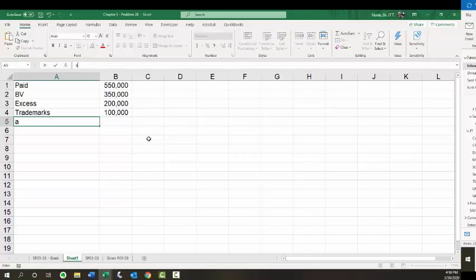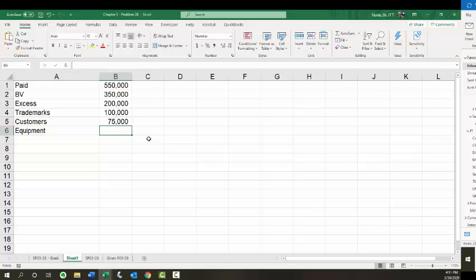Customer relations was 75,000, and equipment had a fair value of 312, with a book value of 342.